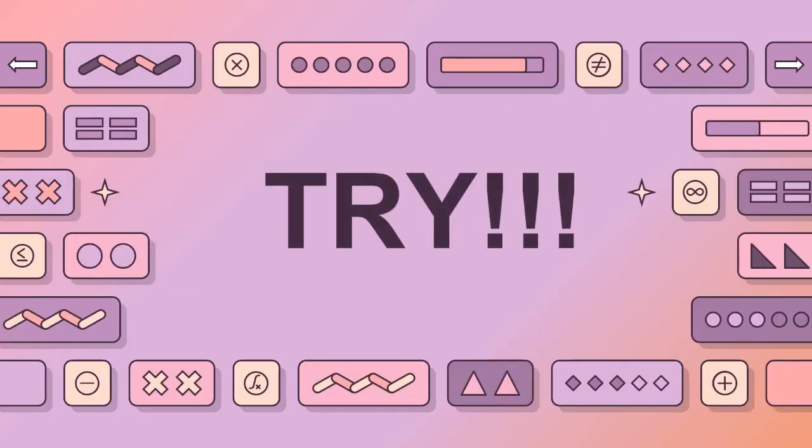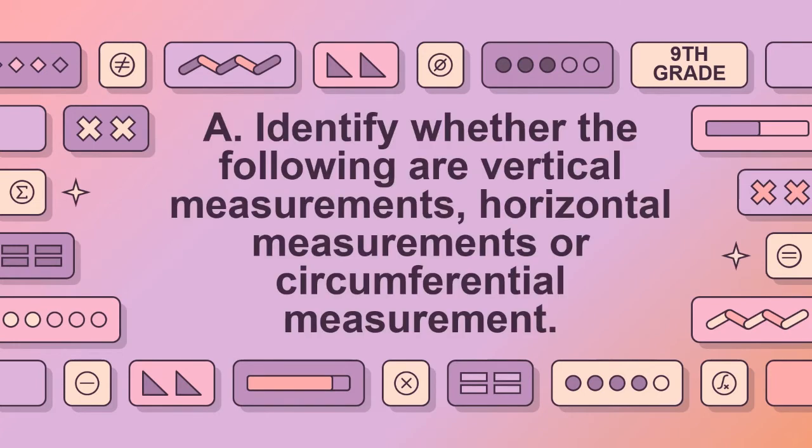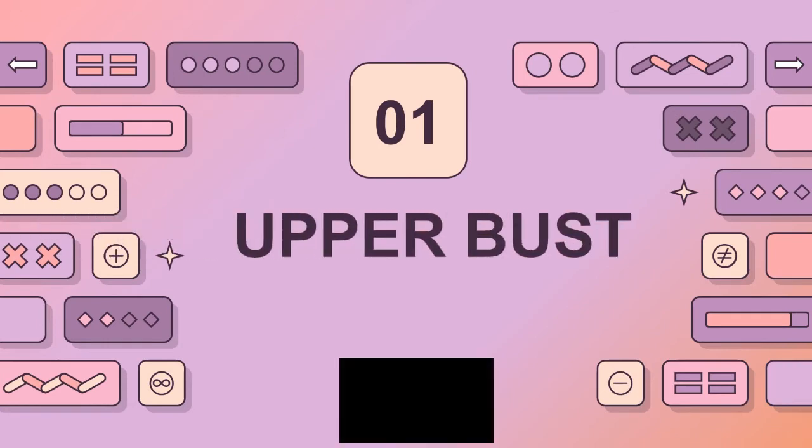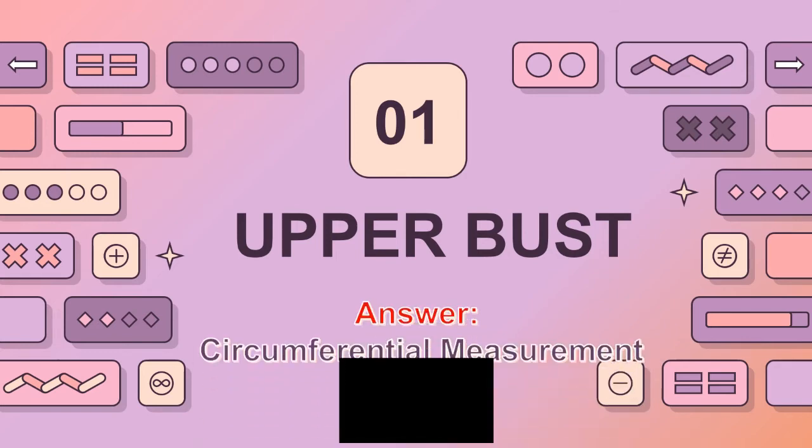And now, try to answer our activity. For A, identify whether the following are vertical measurements, horizontal measurements, or circumferential measurements. Number 1, upper bust. What is your answer? Very good.